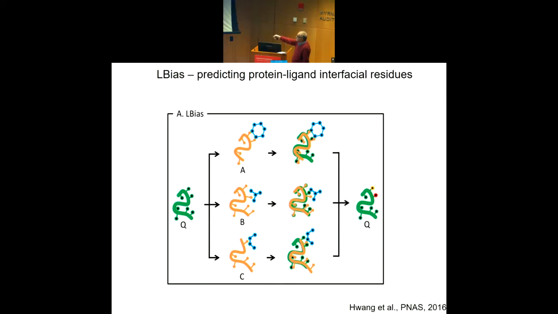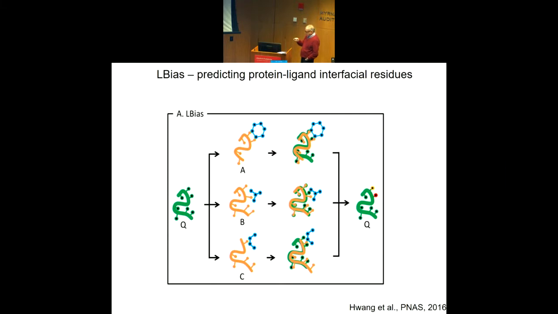That superposition places each of these small molecules on the surface of our query green protein, shown here. Then we can simply look at the numbers of interactions made, the amino acids that are in the predicted interfaces, gather statistics, and say, for example, that this is a hot spot for protein-small molecule interactions.